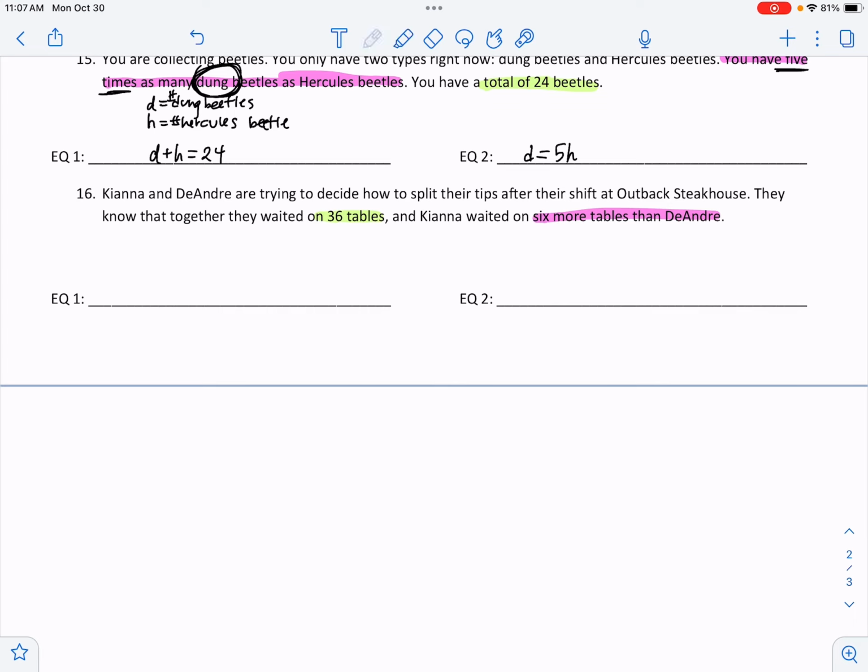Okay, and so we have Kiana's tables, so we'll let K equal the number of Kiana tables. And we'll let D equal the number of DeAndre tables.